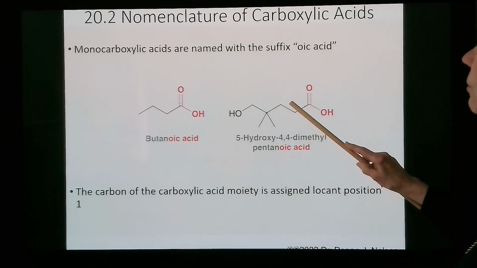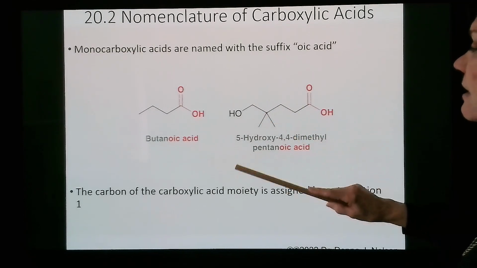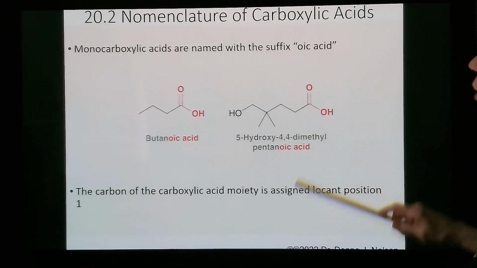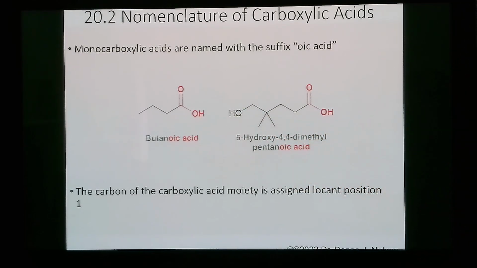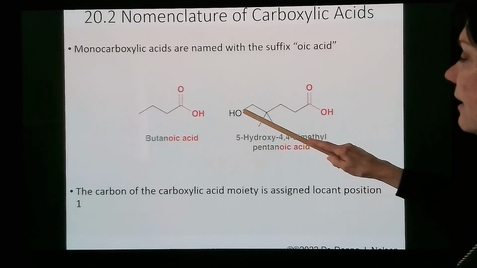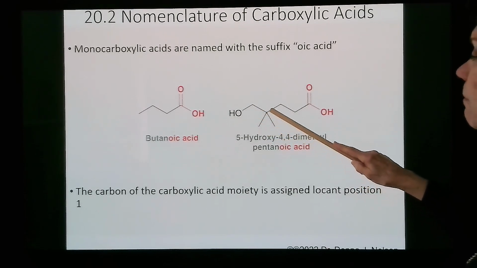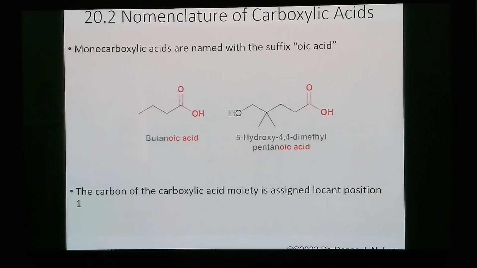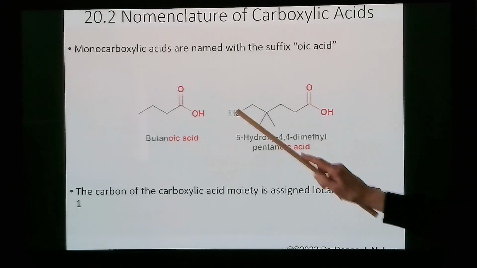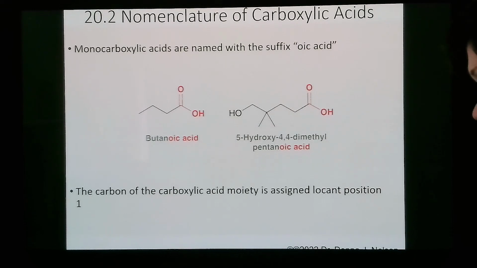So 1, 2, 3, 4, 5. So this molecule, which has substituents, you can see it's a pentanoic acid, and it has a hydroxyl group at the 5 position and 2 methyls at the 4 position. 5-hydroxy-4,4-dimethylpentanoic acid. Notice that the carboxylic acid functional group has a higher priority than alcohols.